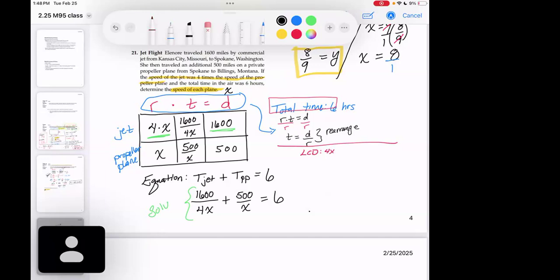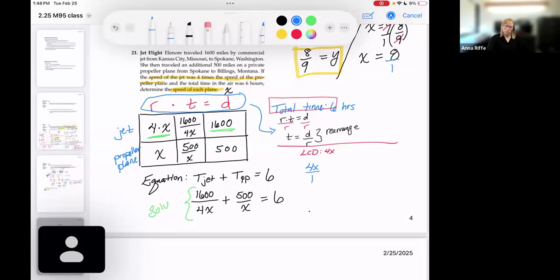Which means I'm going to take 4x over 1 times 1600 over 4x plus 4x over 1 times 500 over x.